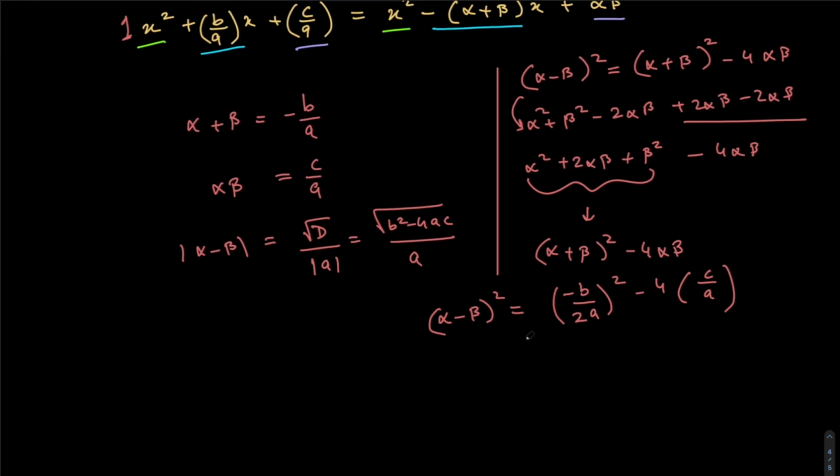Now again, simplify this a bit more. I get b squared over 4a squared minus 4c by a. Now if I multiply the numerator and denominator by a, I have b squared minus 4ac upon 4a squared.